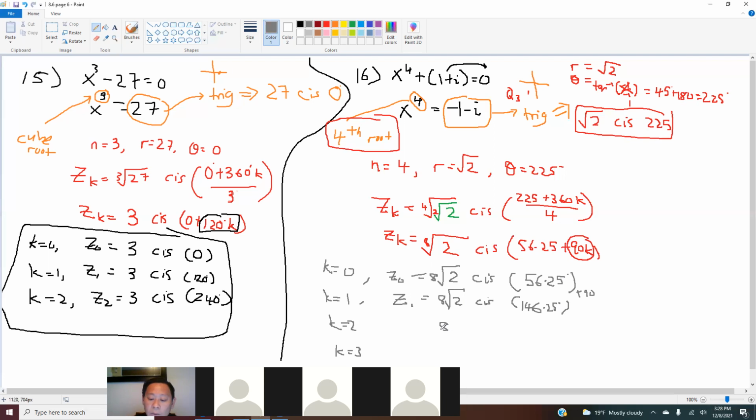You just write 8th root of 2 cis. This is z_2, and again, you add 90 degrees next. That will give us 236.25. And you add another 90 degrees here.